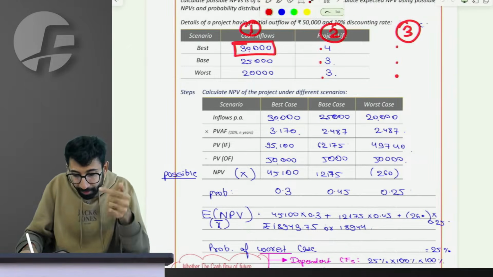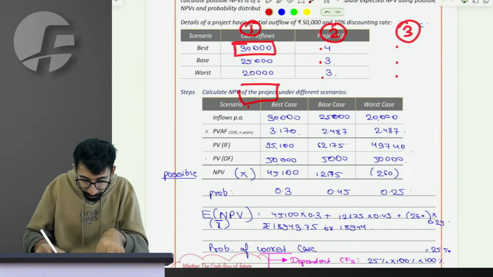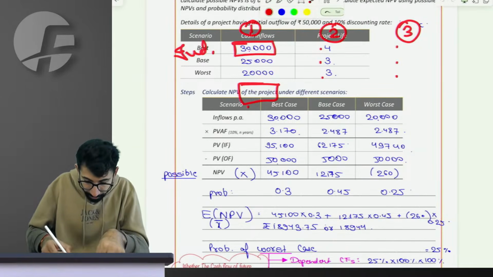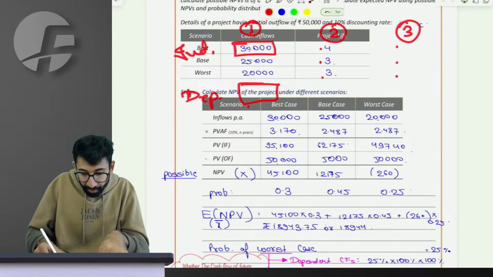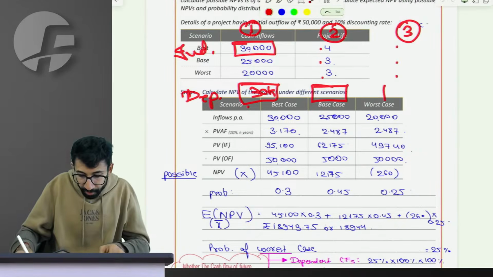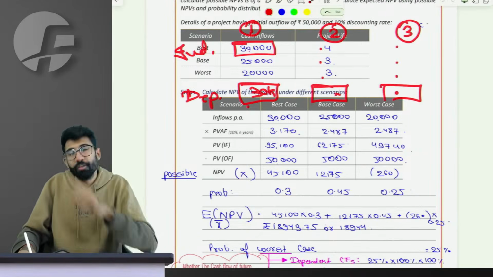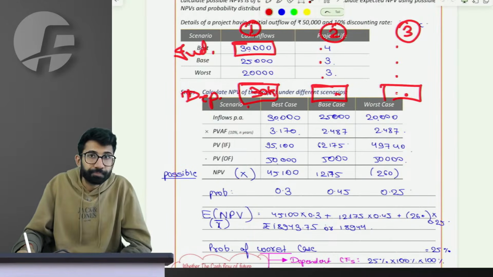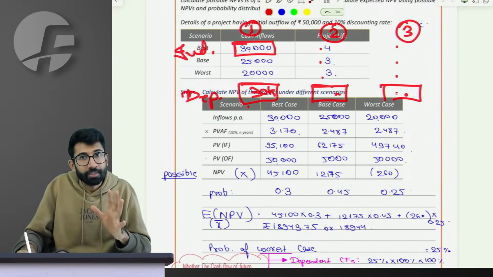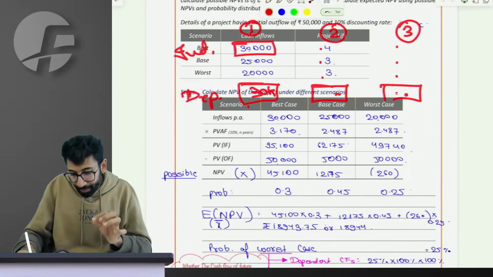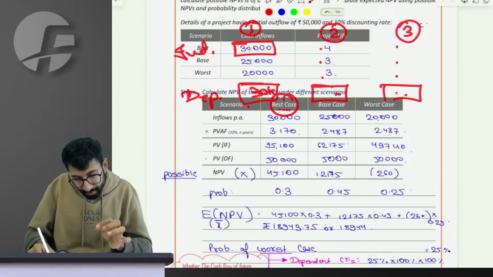Then you have dependent cash flow, that in the first year, if it is 30, then 100% in the second year it will be 30, and in the third year again it will be 30. This is 100% sure.